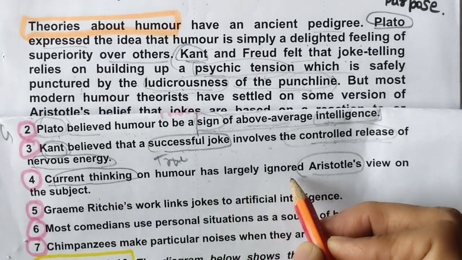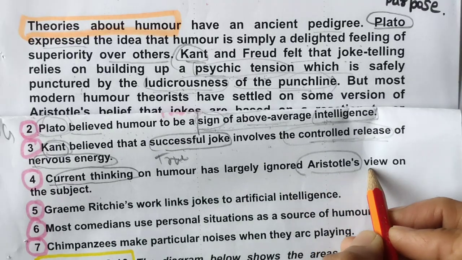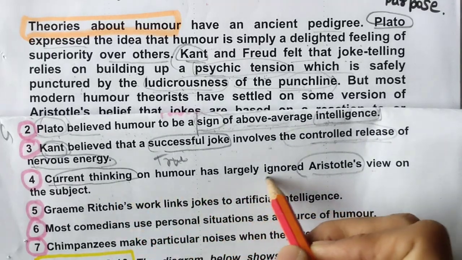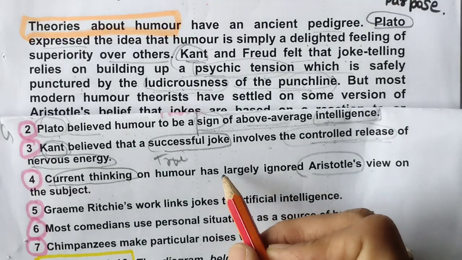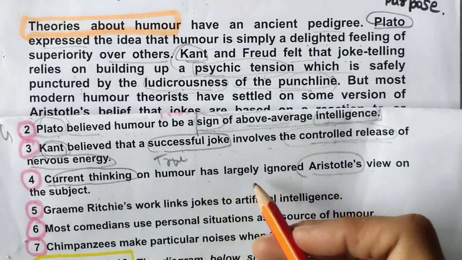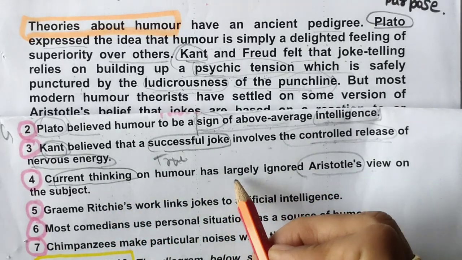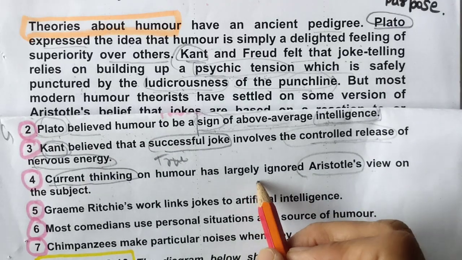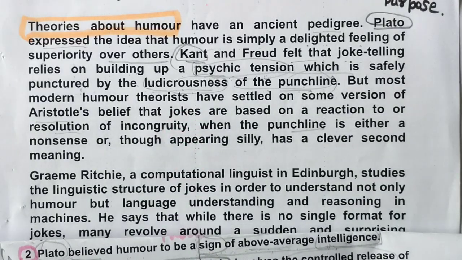And if they have adopted Aristotle's view, meaning they are not ignoring it, then it will be false. And if they are not talking about Aristotle's view, whether ignored or adopted, then it will be not given. So current thinking, let's find it.